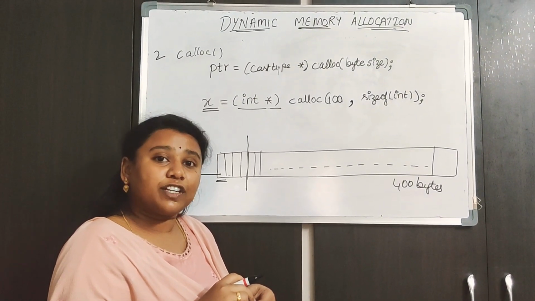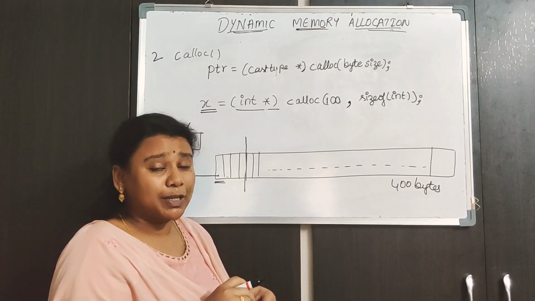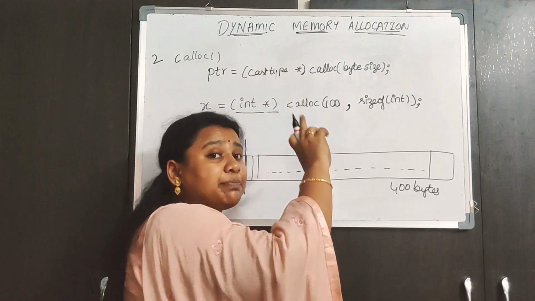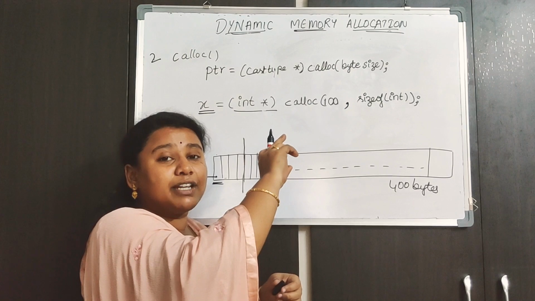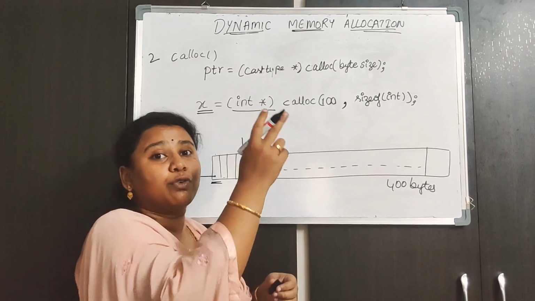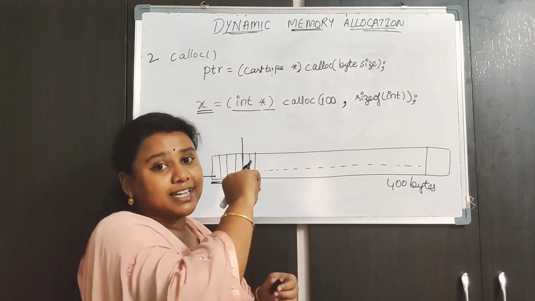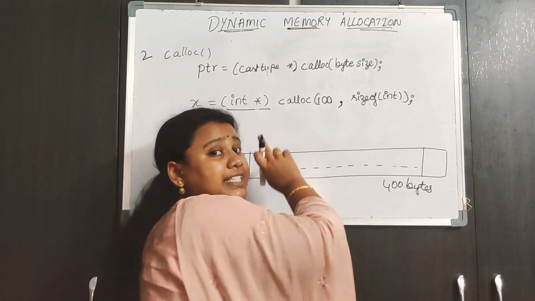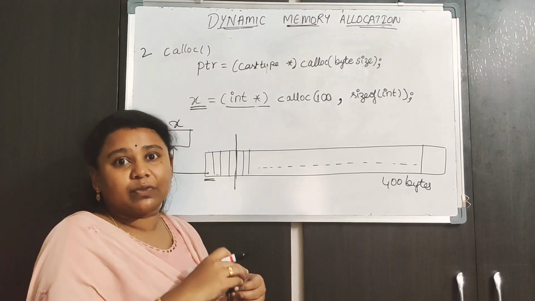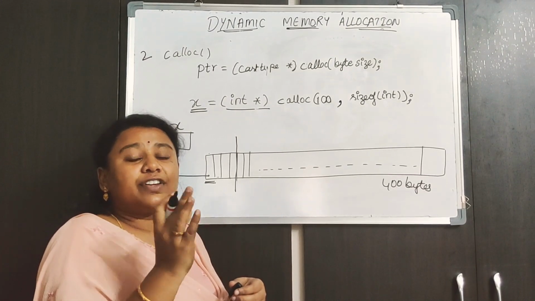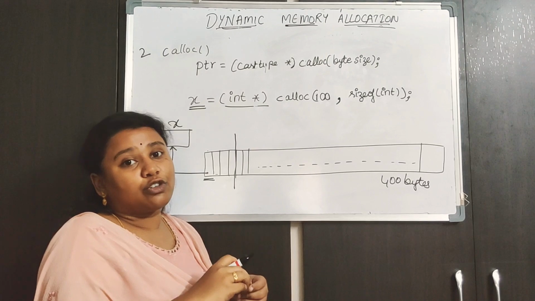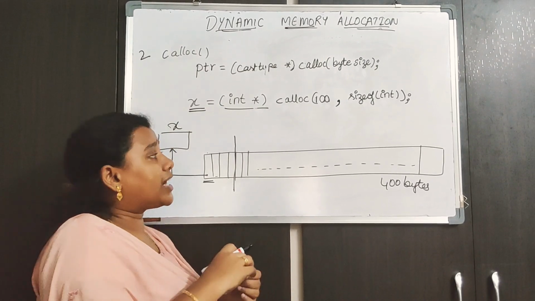Now the calloc function works the same as the malloc function, but the difference is that we place a comma instead of the star symbol. That is, I want 100 elements of size integer each, separated by a comma. The main difference occurs in the memory allocation and initialization.